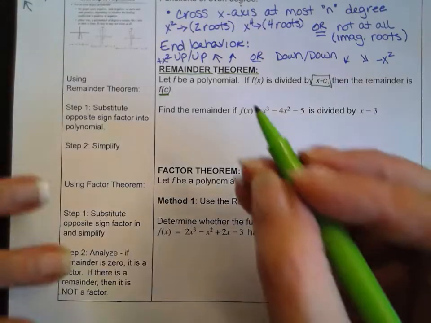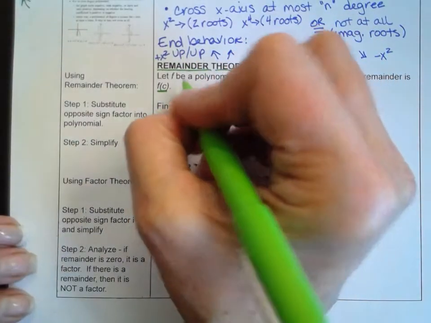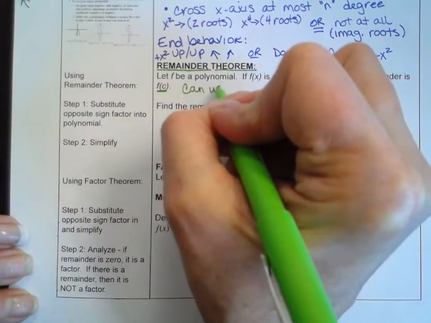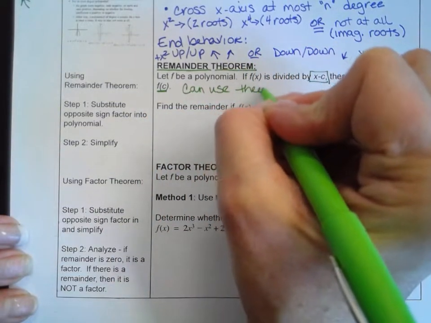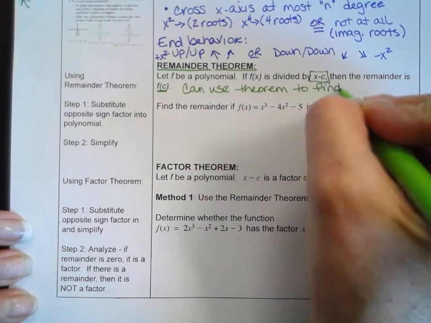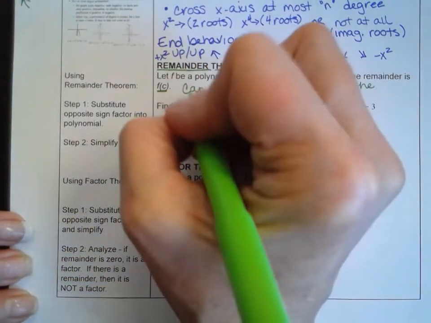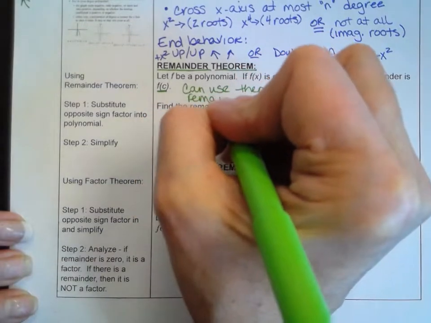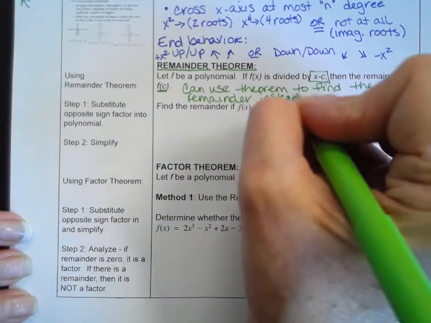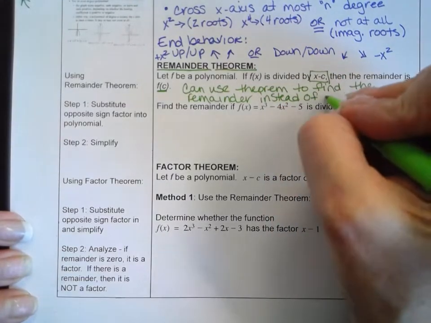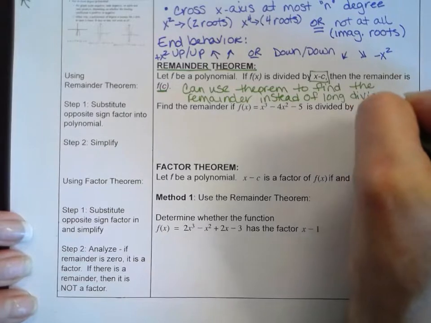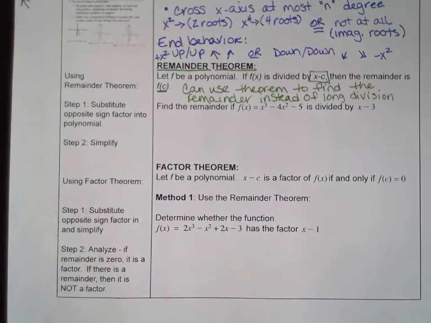So in other words, you can use the theorem to find the remainder instead of long division, since I know how much you love long division.